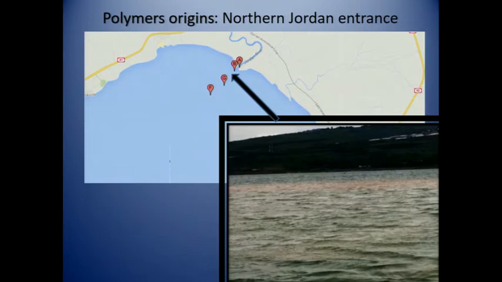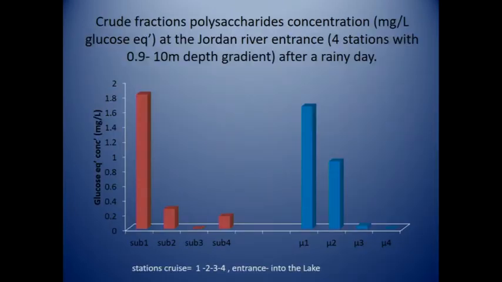Then I sampled 1, 2, 3, 4 stations for polysaccharides. I skipped the part where I show you how I test the polysaccharide, but trust me, it's a very good one. Immediately you can see there is some kind of gradient of polysaccharides starting from the mouth of the Jordan and into the lake.